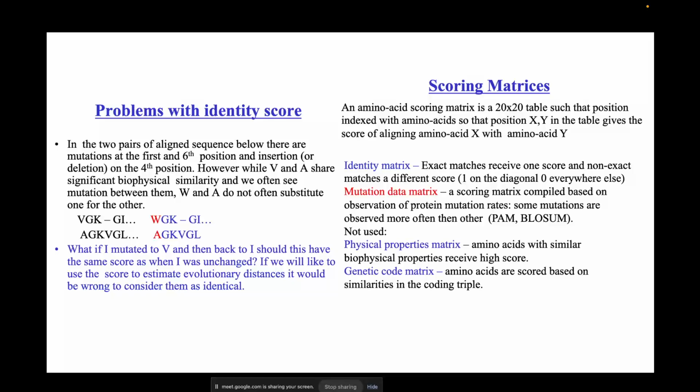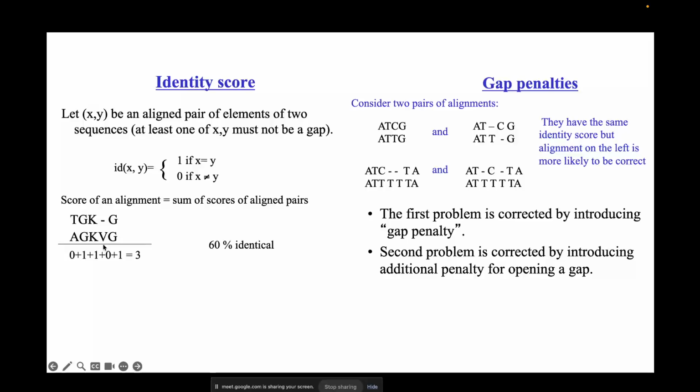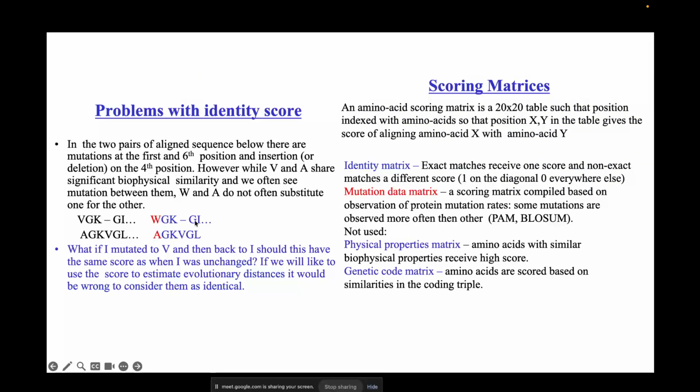If in two pairs of aligned sequences there are mutations in the sixth position, you can see these two examples, and an insertion or deletion at the fourth position. There are mutations in the first and the sixth position.